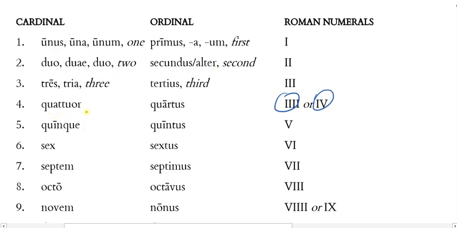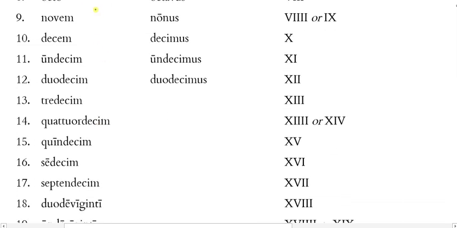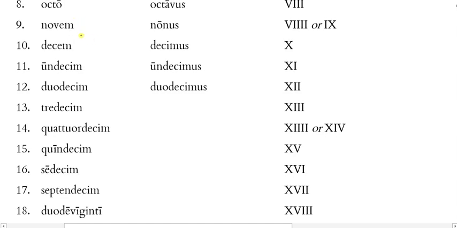So quattuor, 4, quinque, 5, sex, 6, septem, 7, octo, 8, novem, 9, decem, 10, and then 11 is 1-10, okay, or 1-teen, as it were. So 1 plus 10, 11.